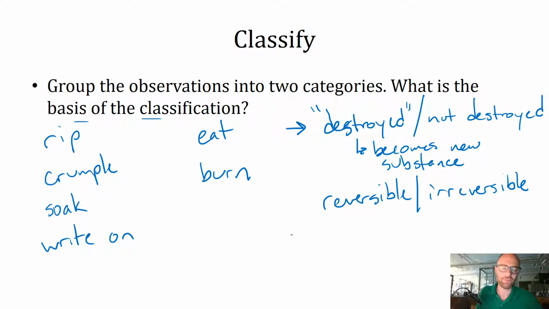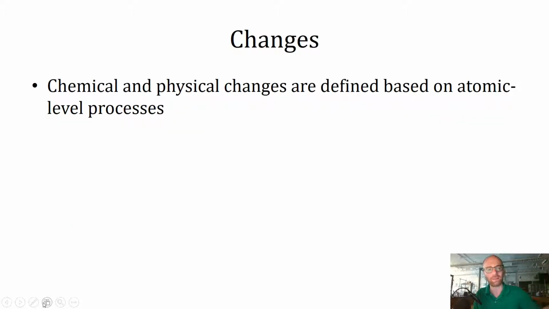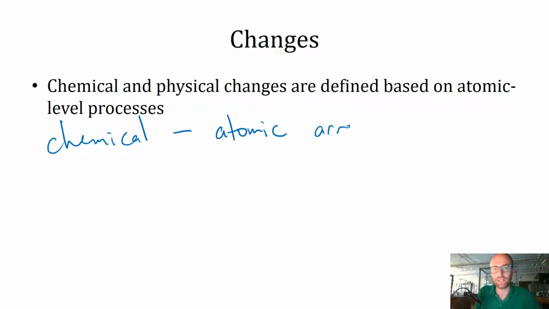So destruction might be a strong word because our definition for today is physical and chemical changes. And for chemistry, these changes are defined at the atomic level. So for a chemical change, the atomic arrangement or structure changes.